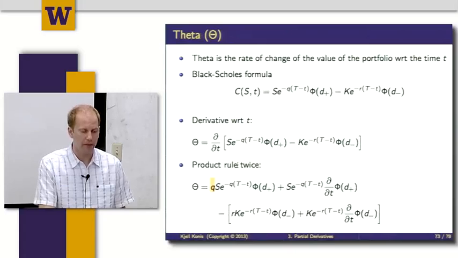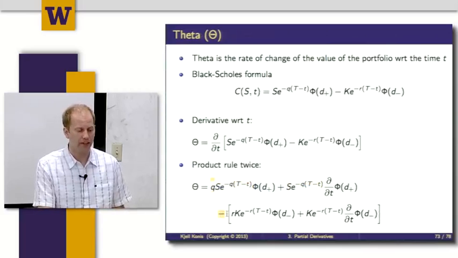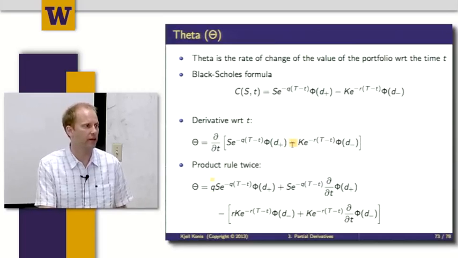So what I'm going to end up with is the derivative of the first function times the second function, plus the derivative of the second function. That's the partial derivative with respect to t of phi of d plus times the first function. That's just the product rule. And this subtraction comes from the first term minus the second term in the pricing formula.